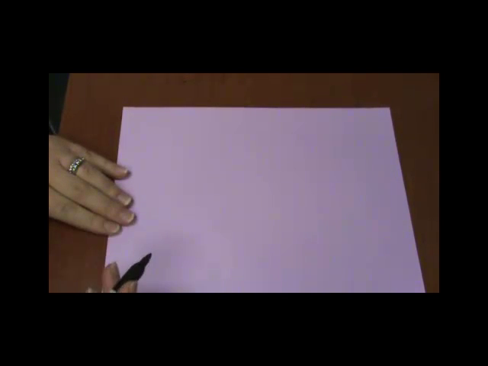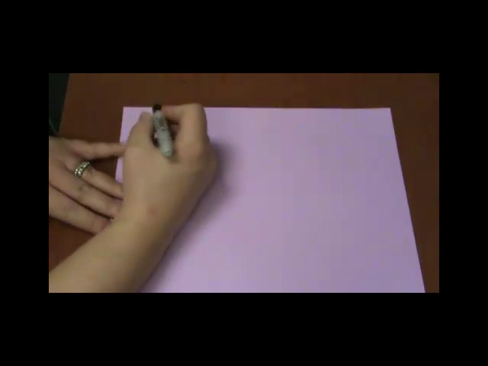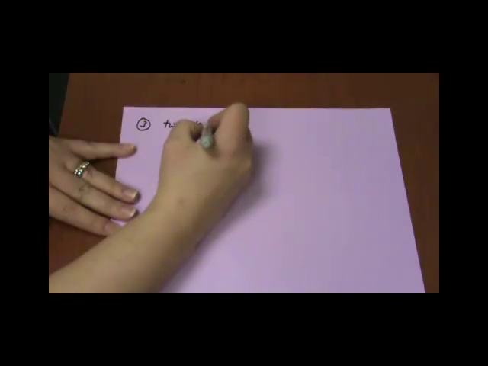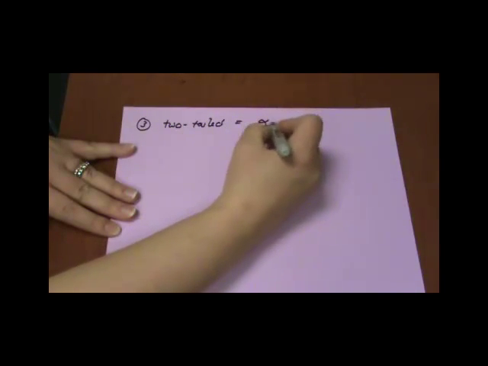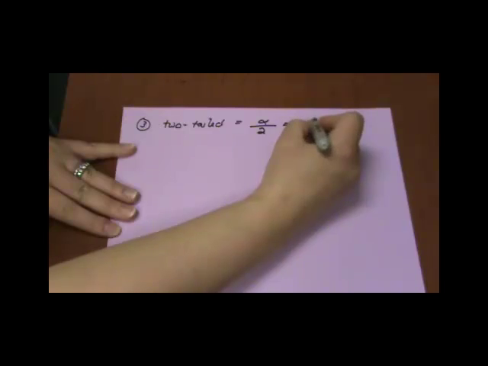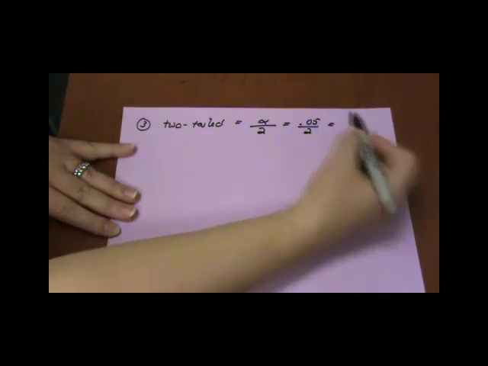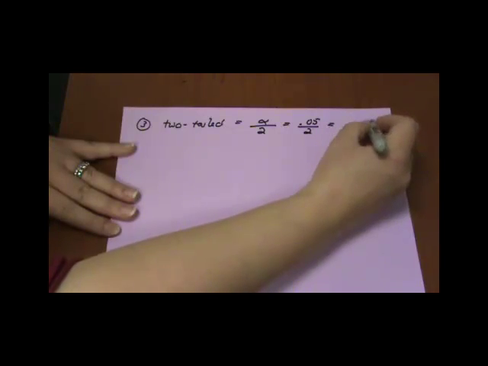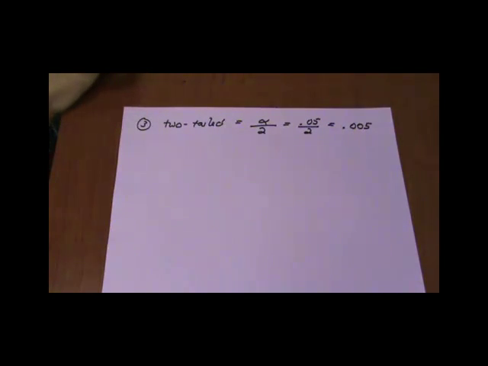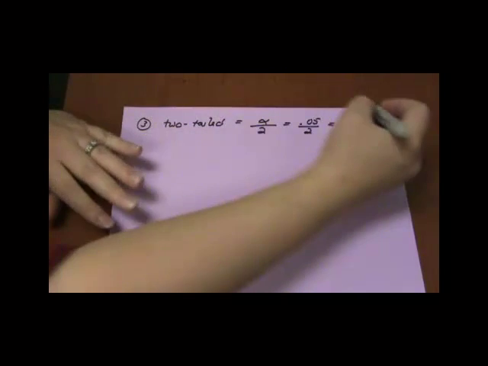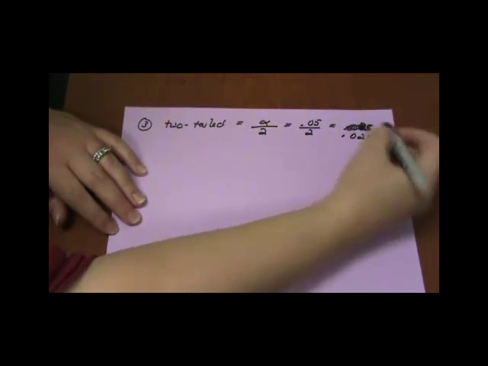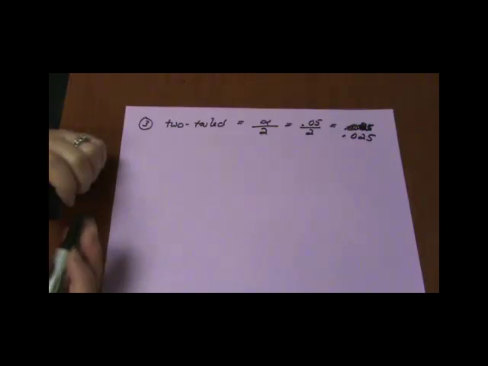Okay, if you're doing critical value, then you're going to still come up with your rejection region, but this time you have to do one thing that's different. With a two-tailed test, you want to do alpha over 2. So alpha is 0.05 divided by 2. You're going to get 0.025.